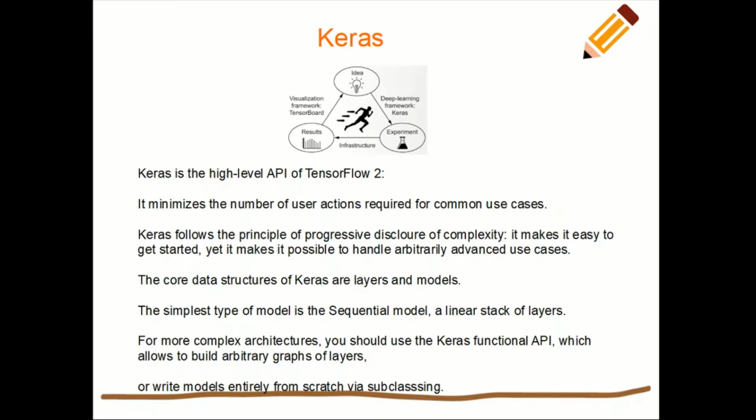Okay, so the way that we use Keras actually is typically through two different types of models. One is the sequential model, which is a linear stack of layers, and for more complex architectures, that means non-linear kind of model structures, or wherever we have multiple inputs and outputs, then in that case we can use the Keras functional API also. Okay, so that allows us to build arbitrary graphs of layers.